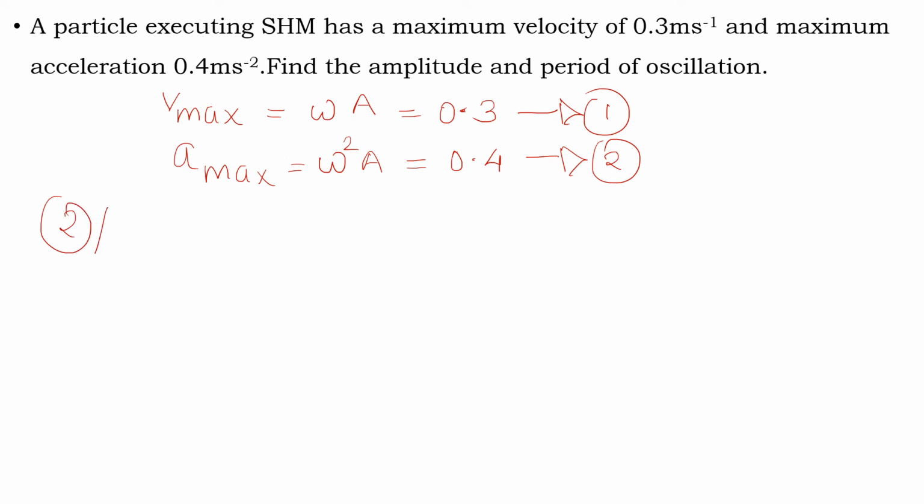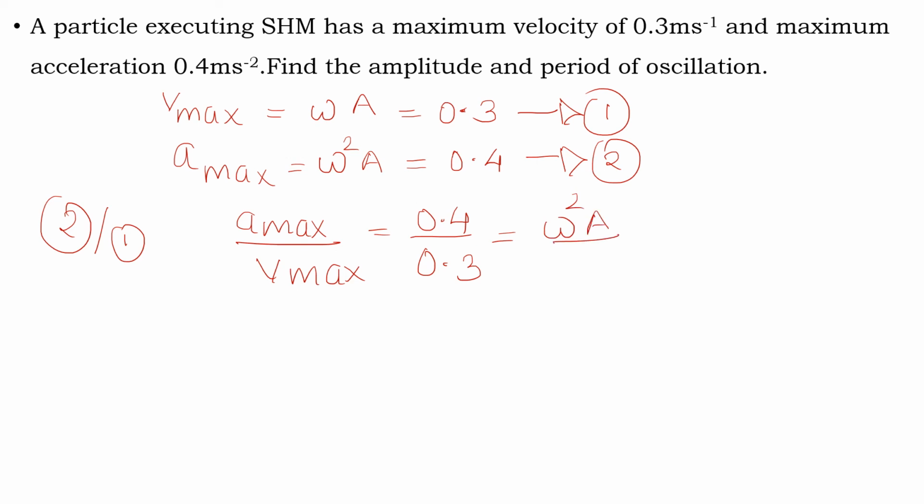Then equation 2 divided by equation 1 gives a max divided by v max equal to 0.4 divided by 0.3, which is equal to omega square A divided by omega A, and this gives omega as 0.4 divided by 0.3.